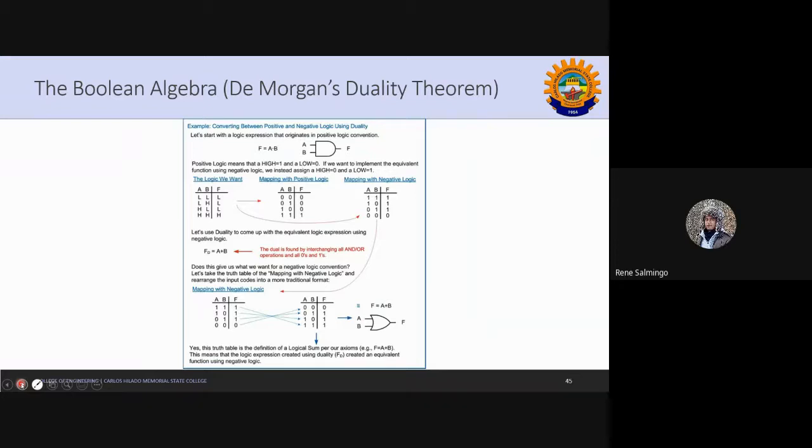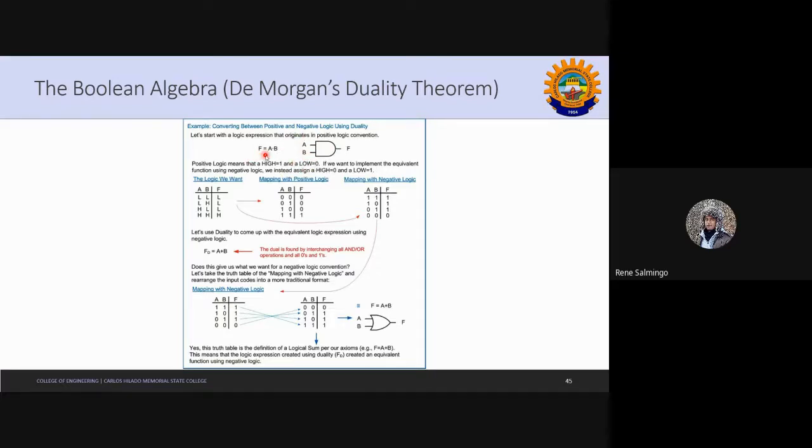Now we have an example. When we say L, this is low, meaning this is 0, or it is false. And F is your output, A and B is your input, as we refer on this diagram.